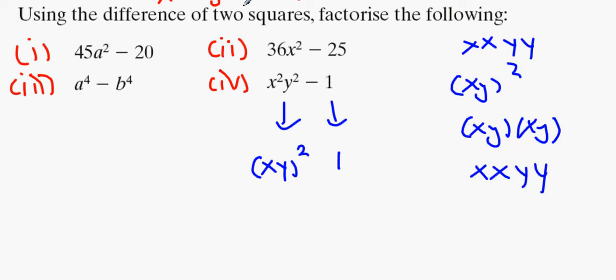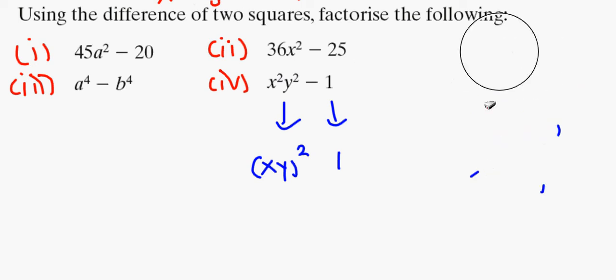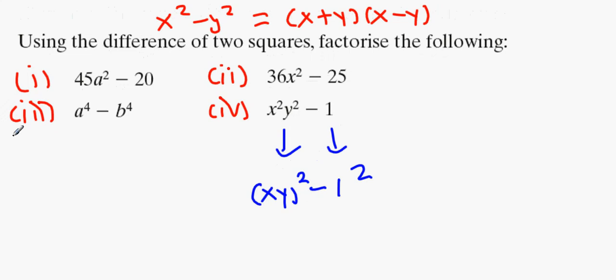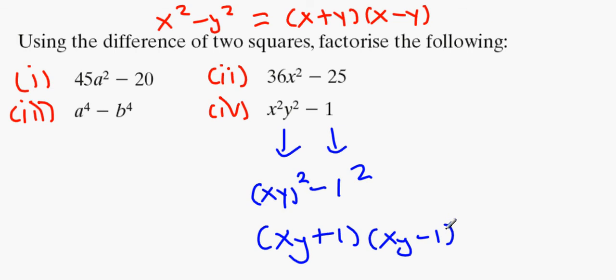Okay, it's the same thing. Now that you have that done, take away the 1 here, and that's minus 1 squared. So in the x's position is xy, so replace x with xy and replace this y here with 1, so it's going to be xy plus 1, xy minus 1. Okay.